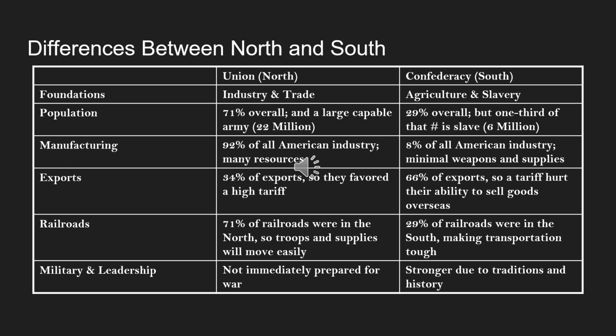Now, there are some advantages for the South, which you should know. The first being exports. The South is the main exporter. Now, what are they exporting? Well, primarily cotton and other cash crops. Now, the problem with this is, while it is an advantage, we know that their economy relies heavily on it.